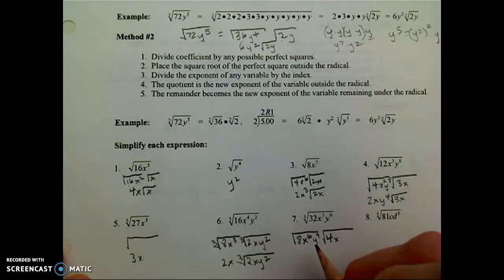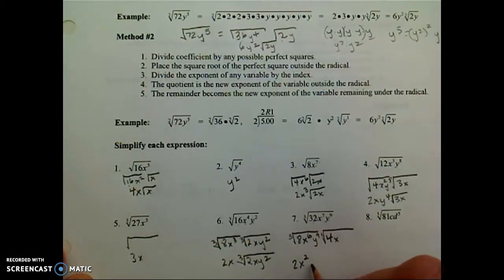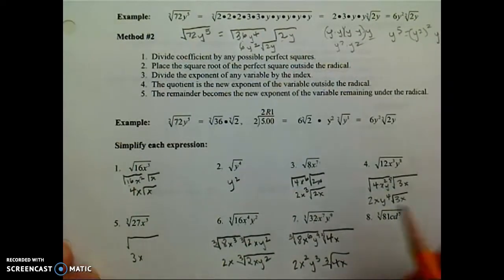Remember, that's y to the 3rd times y to the 3rd times y to the 3rd. It's already a perfect cube. Let's take our cube roots now. 2 x squared, y to the 3rd, and then the cube root of 4x. Let's go here now. 81, already a perfect cube.